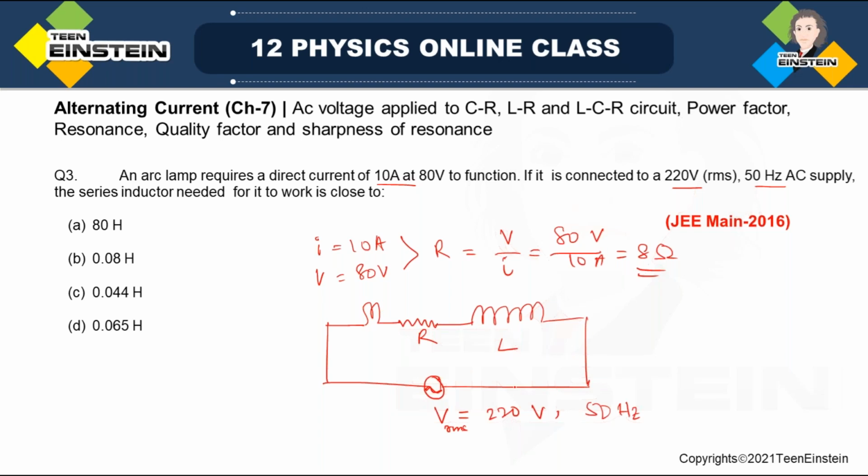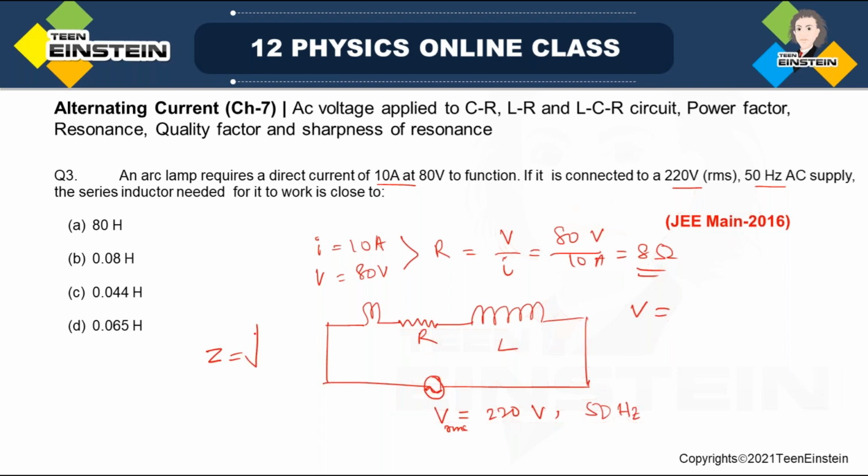Okay, so in this case, we know that the given voltage will be dropped across both of these. Since it is an AC signal, there will be an equivalent impedance for the circuit.